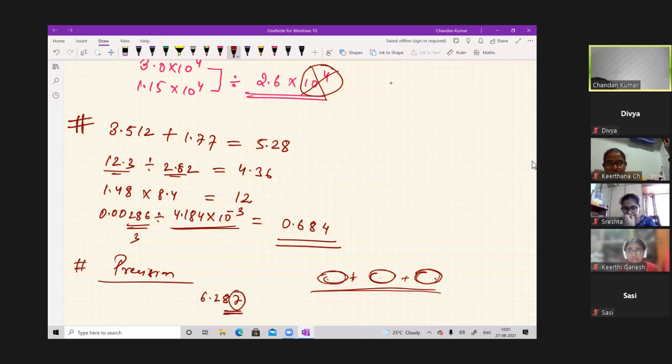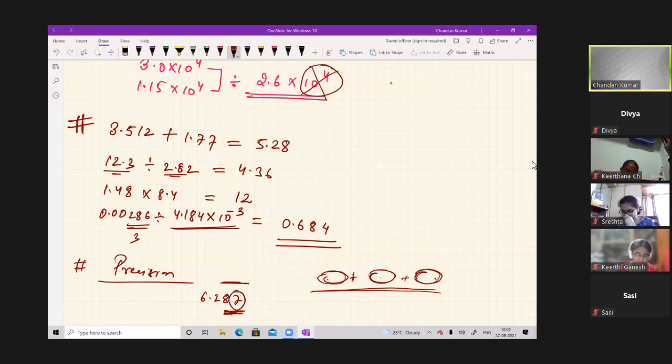If it is not instrumental error, it will be only because of this 7.